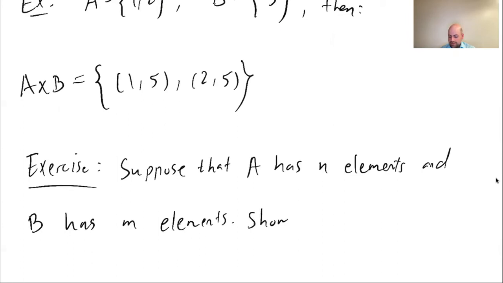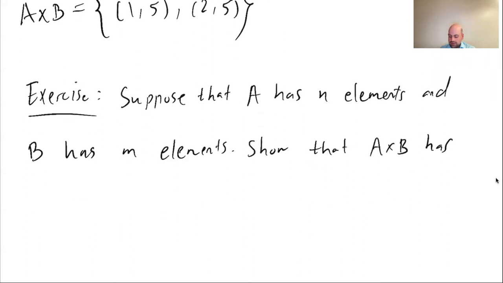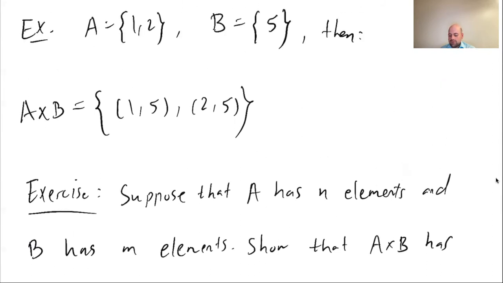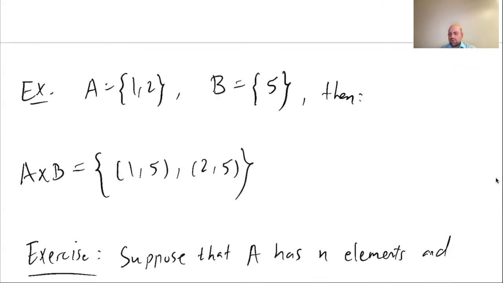Show that A cross B has how many elements, do you think? m times n elements. So in this example, 2 elements and 1 element, and the product had 2 times 1, which is 2 elements.